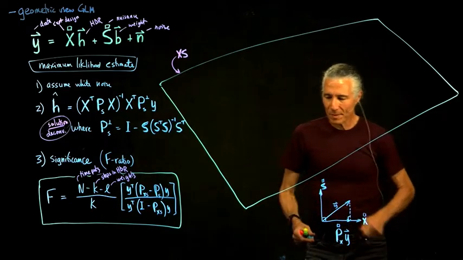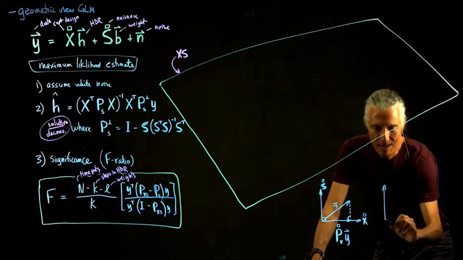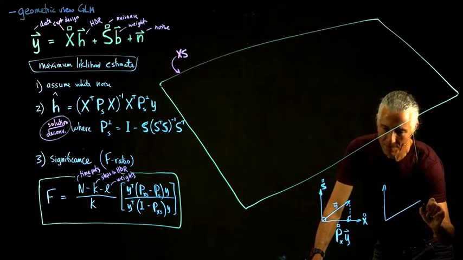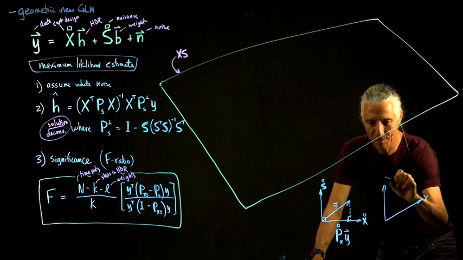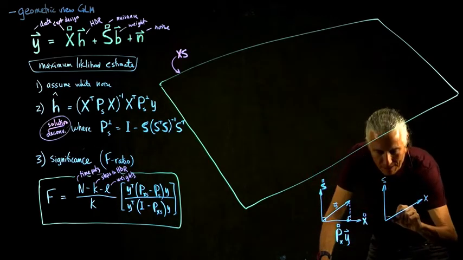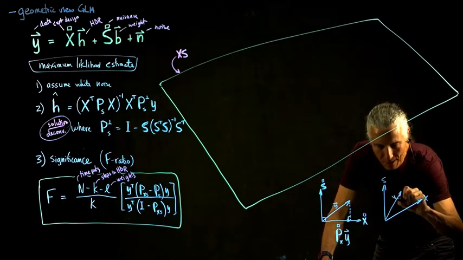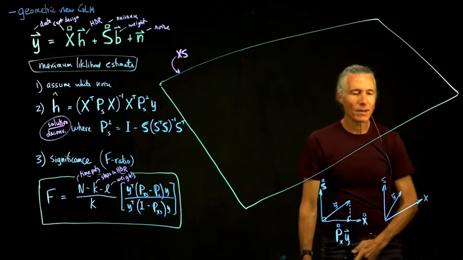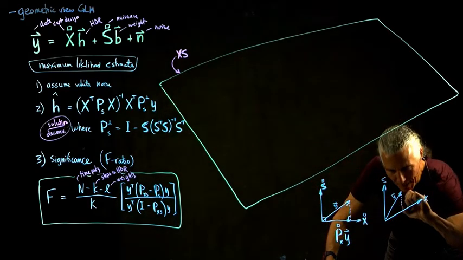But the problem we have is that the nuisance variables are not perpendicular to the experimental design, and that's always the case. And then we've got some data somewhere in there. So here's our data, and what we really want to do is an oblique projection.